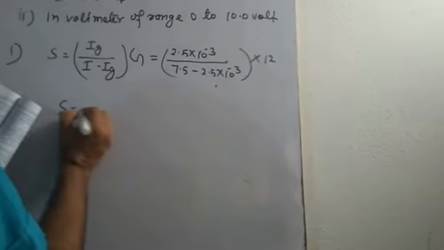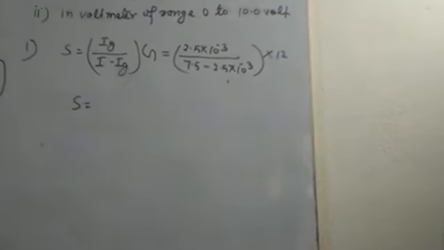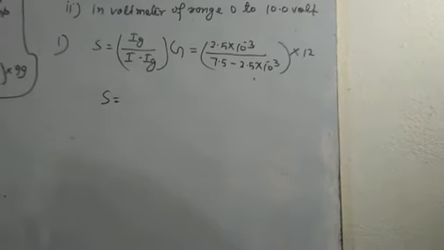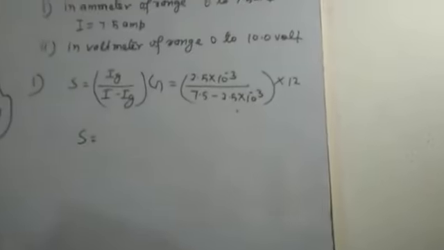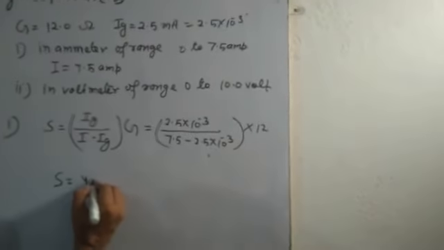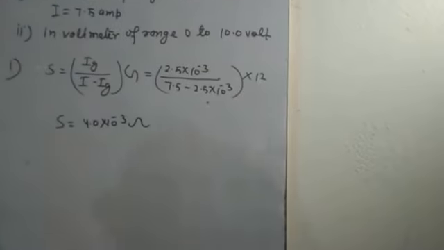After calculating, we get the shunt as 4.0 into 10 power minus 3 ohm.